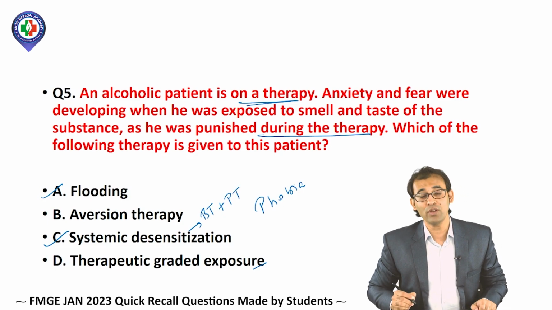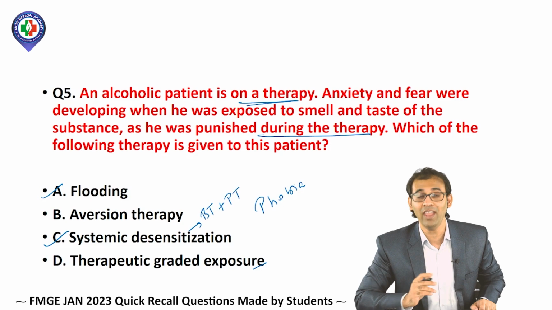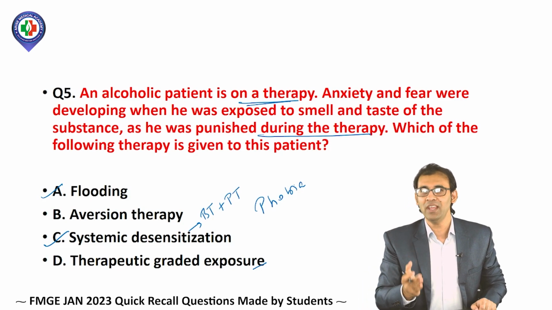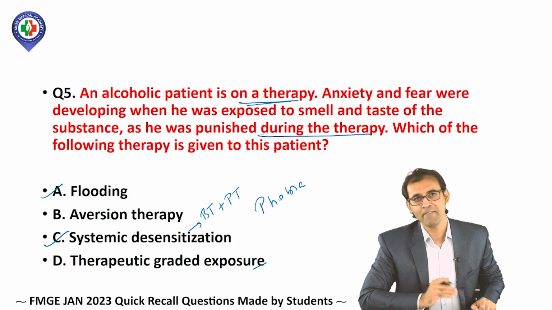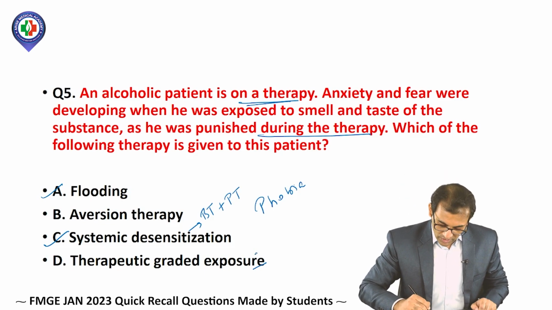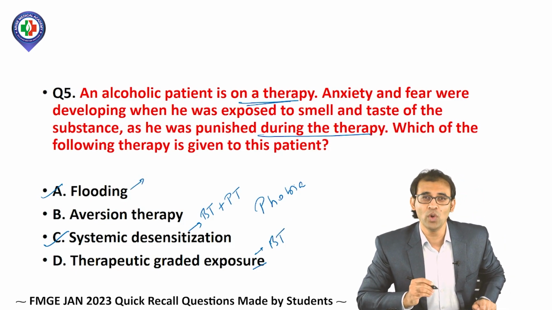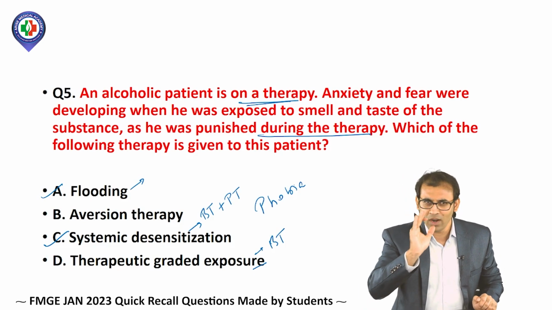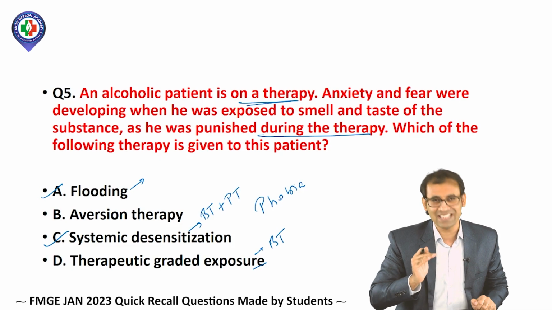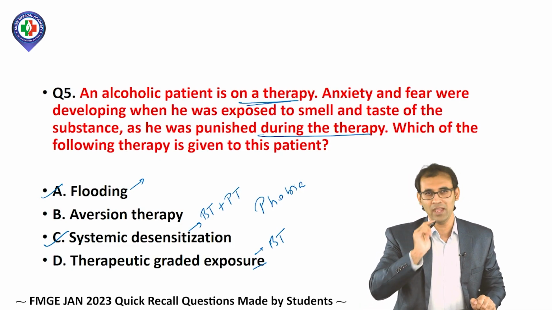Therapeutic graded exposure, where you are exposing the patient to anxiety provoking stimuli and making the patient habituated to stay with the anxiety provoking stimuli. So this is only behavior therapy. Flooding, where you are exposing the patient to the most severe form of anxiety provoking stimuli. So options A, C and D are for the treatment of phobia, behavior therapy.